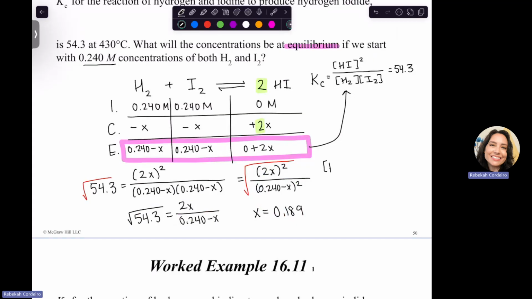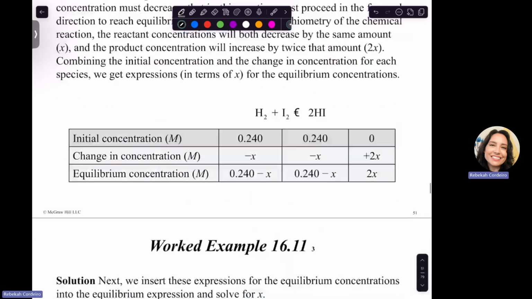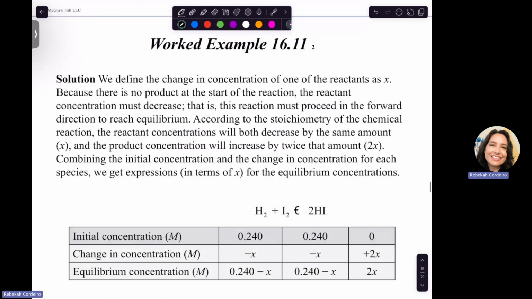So the amount of H2 at equilibrium would be 0.240 minus x. And this would also count for the I2. So that would give us 0.051.